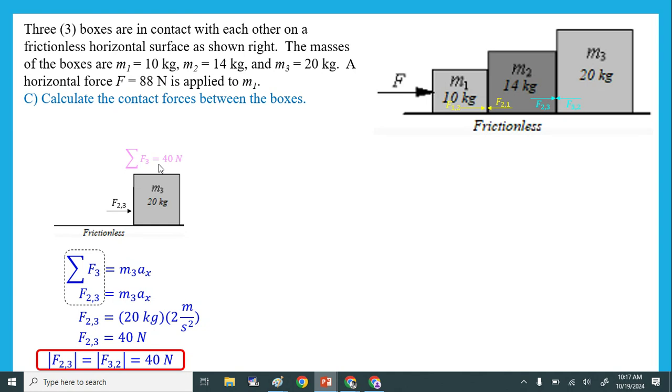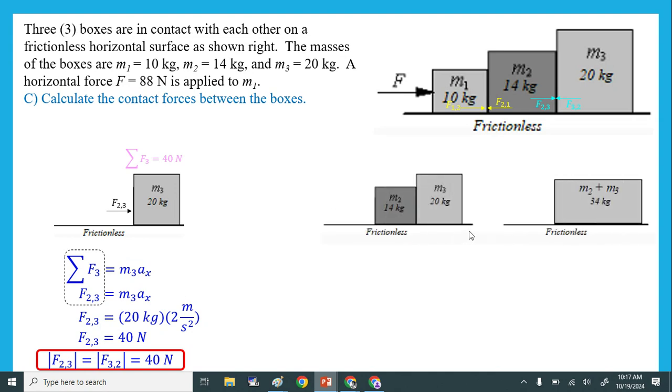Well, if there's only one force acting on it, and that is your total, you can logically think about it: 40 is also your applied force. There's only one force applied, and if your net is 40, therefore that one force is also 40. So I can just simply by deduction know that the net force acting on M3 is 40, therefore the contact force must also be the same magnitude. Okay. Now that we're done with F23 in blue and F32 here, I'm done with this segment.